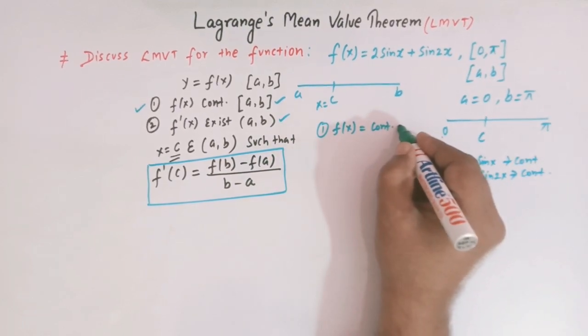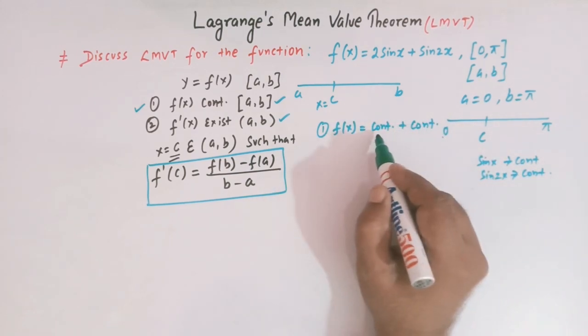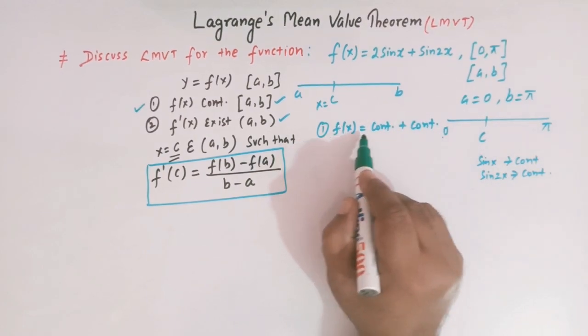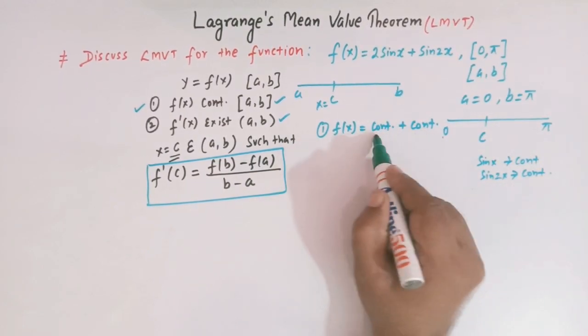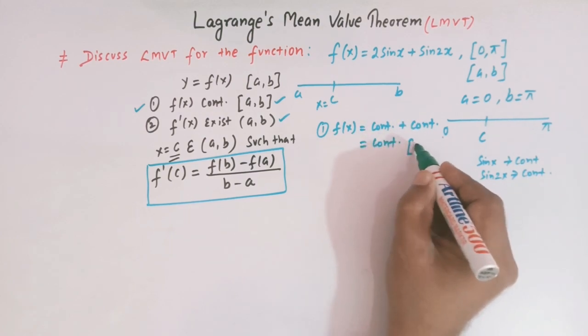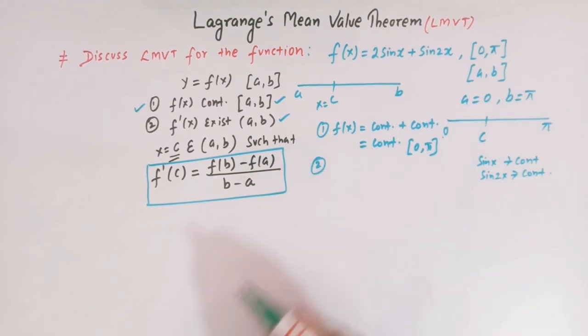So f of x is a continuous function in the interval 0 to pi.